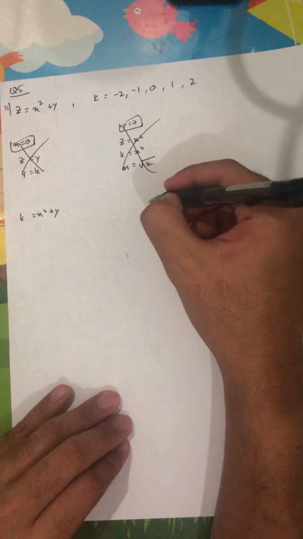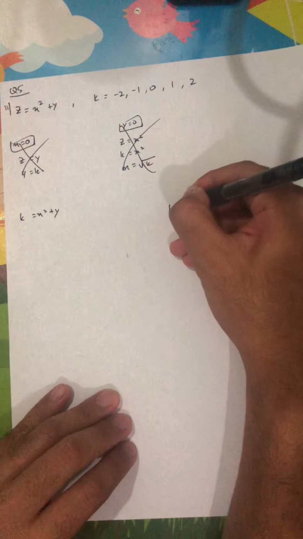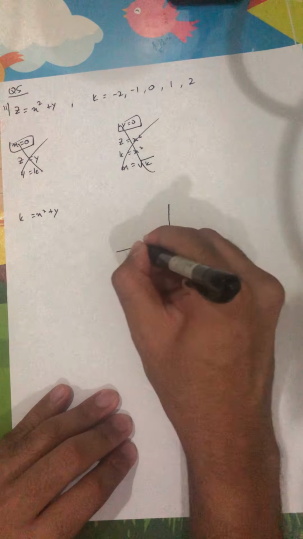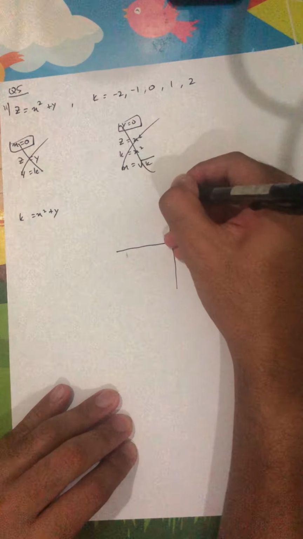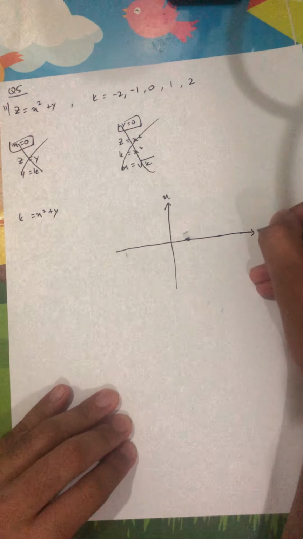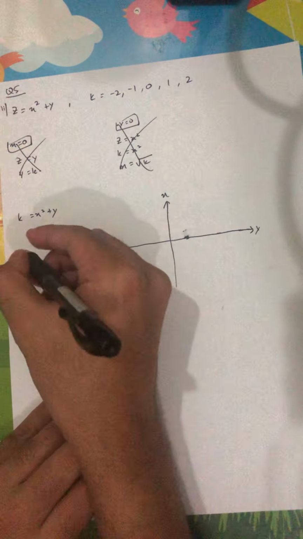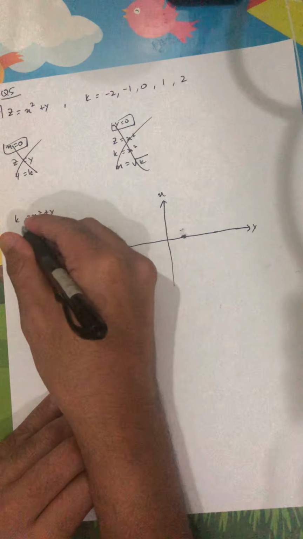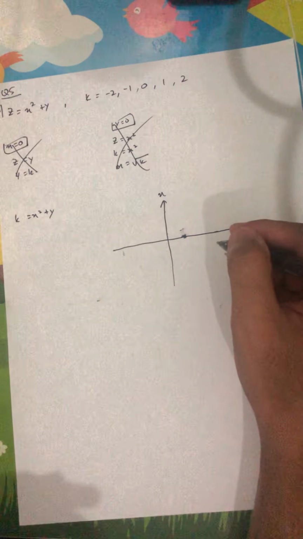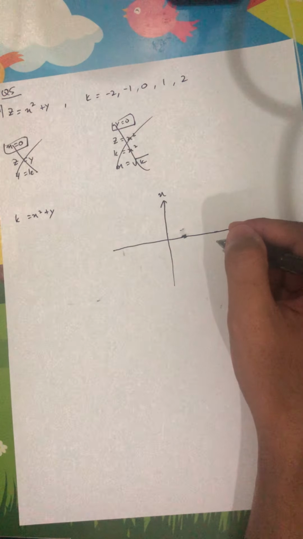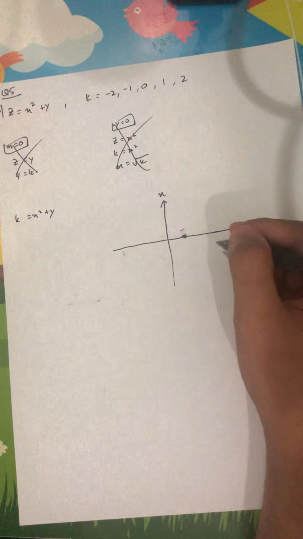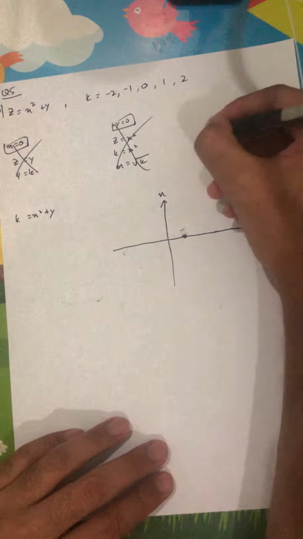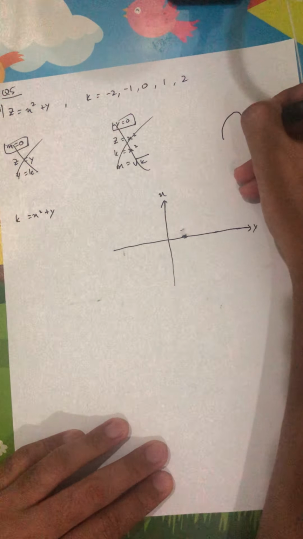So let's draw. First, remember, what is the function of x squared? K equal to x squared looks like what? K equal to x squared looks like this, right?